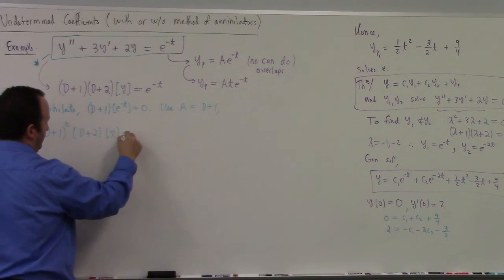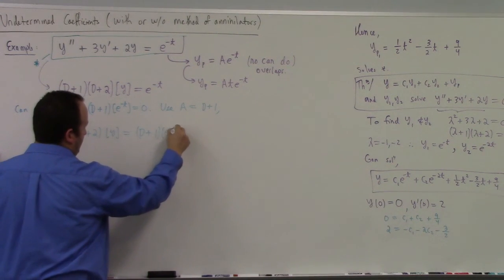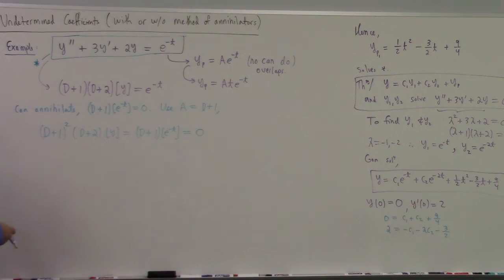acting on y, D+1 acting on e^(-t). But the whole reason we did that was so that that becomes 0. Now this is a constant coefficient problem, right? And we know how to solve this.